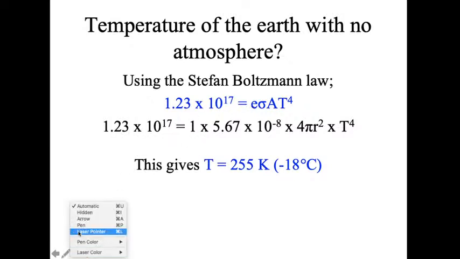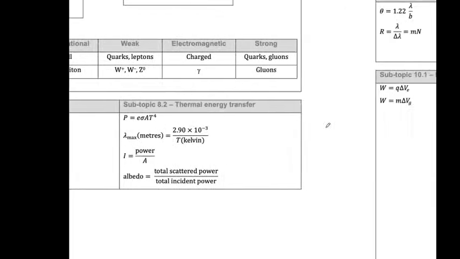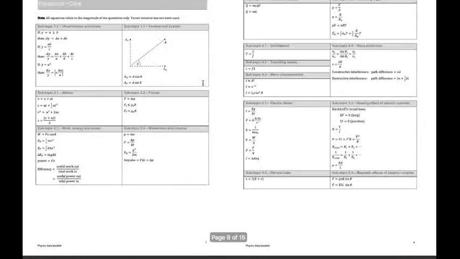That's where the 1 is coming from. We're assuming Earth is a black body, because it approximately is. Then we've got the Stefan Boltzmann constant, the area of the Earth with the radius as we just used in our previous example and given on our formula sheet. I'll show you where it is on the formula sheet.